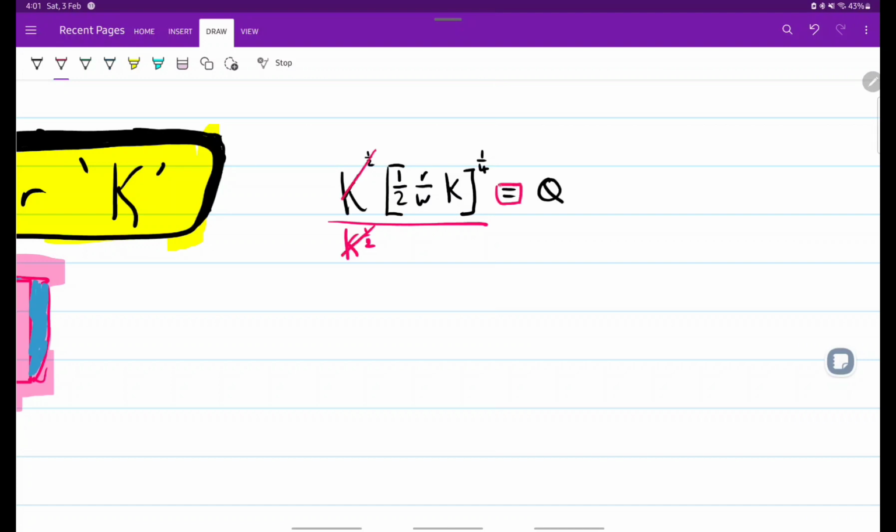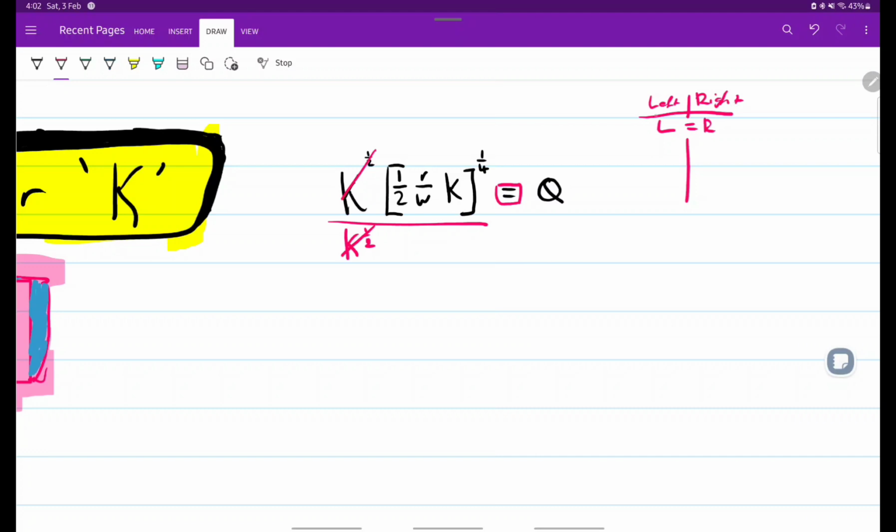And there's an equality sign, so L has to equal R. By that, I mean the left-hand side has to equal the right-hand side.